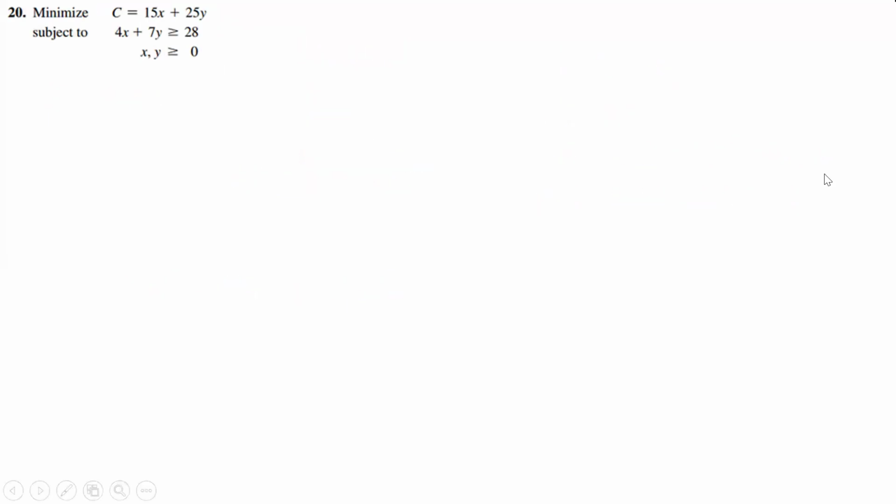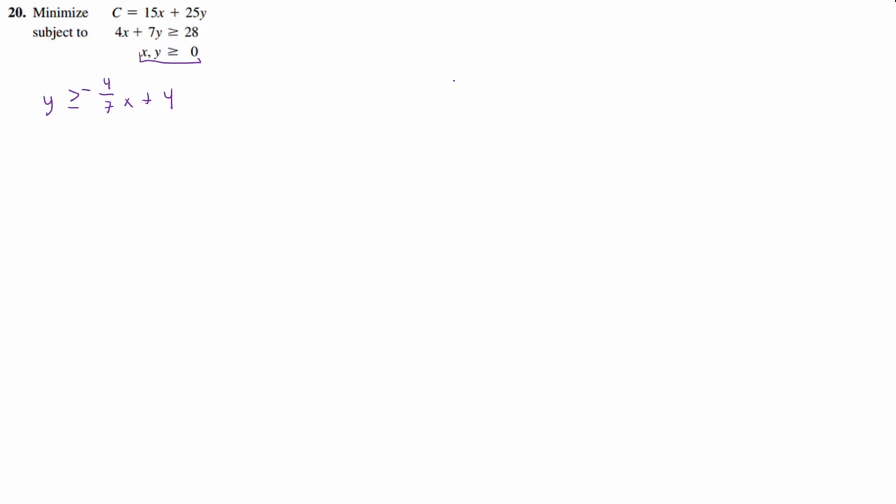All right, what about another one? Now that we've got this down pretty well, hopefully, again we're going to solve for y. So y is going to be greater than or equal to minus 4 over 7x plus 28 divided by 7, which is 4. And again, constraints there.